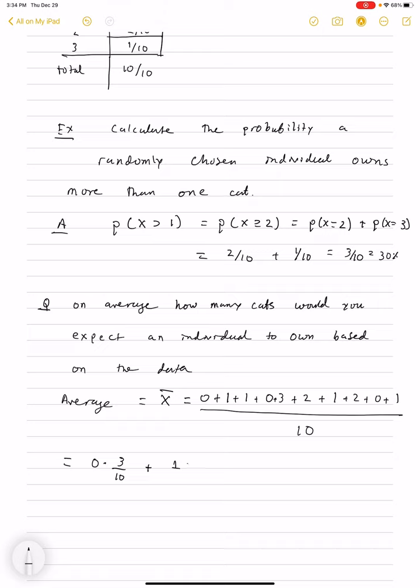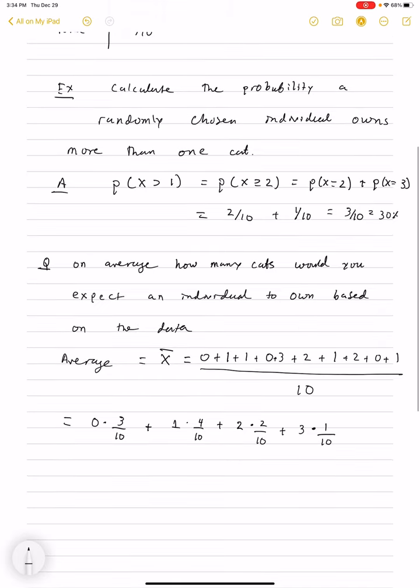So that will be 1 times 4/10. Now I'm going to count the number of 2's. There are 2 2's. So that's 2 times 2 out of 10, because everything is divided by 10 after all. And finally, I'm going to count the number of 3's. There's 1 3. So it's just going to be 3 times 1. Everything's divided by 10.